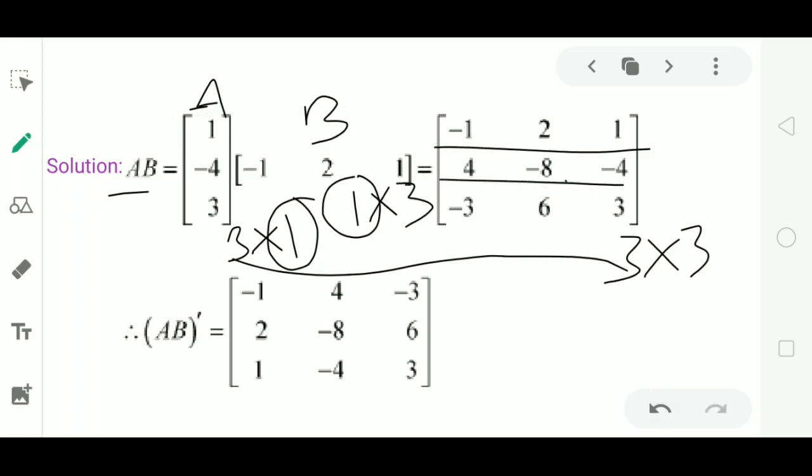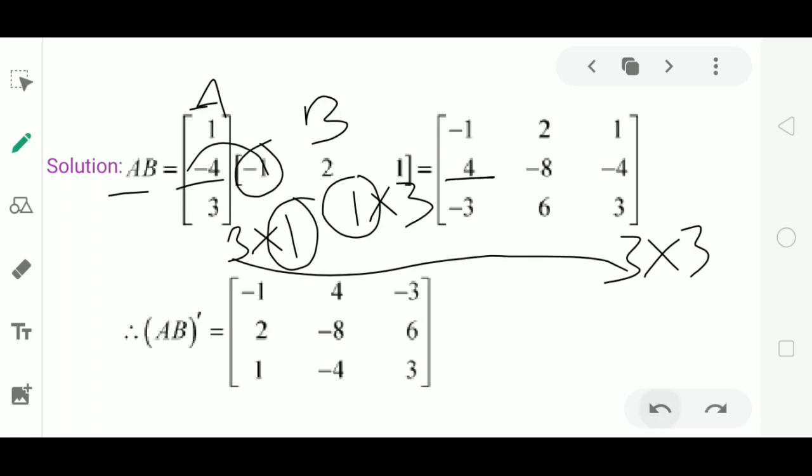Next, to find second row of AB, we consider second row of A and multiply second row of A with each of the columns of matrix B. For the first element of second row of AB, that is element lying in second row, first column, we consider second row of A and first column of B. Multiply them element wise. Minus 4 into minus 1 is plus 4.